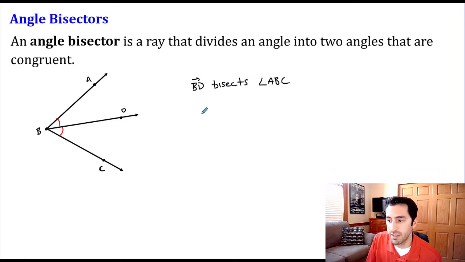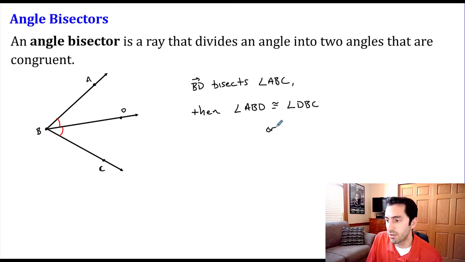And after it's bisected, that also means that our two halves are the same size. So then angle ABD is congruent to angle DBC. This symbol in the middle here means they're congruent.